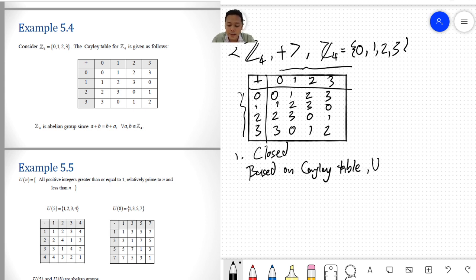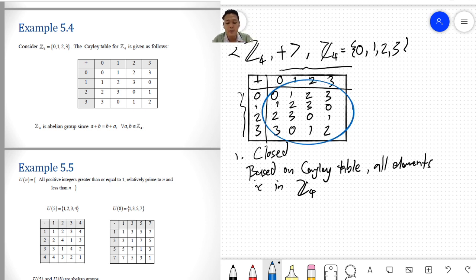all elements produced based on the Cayley table are in Z4. What I meant is that the element produced is the C, and all the elements produced inside there are actually in Z4.